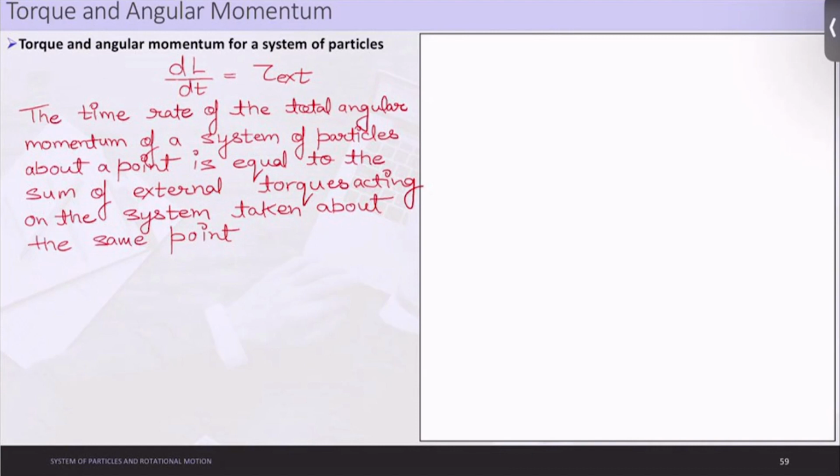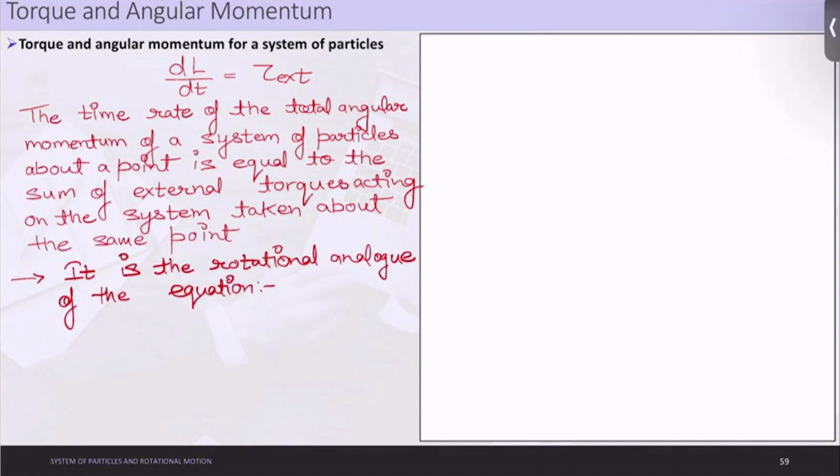It is the rotational analog of the equation dp by dt equal to F external. So that thing is explained.